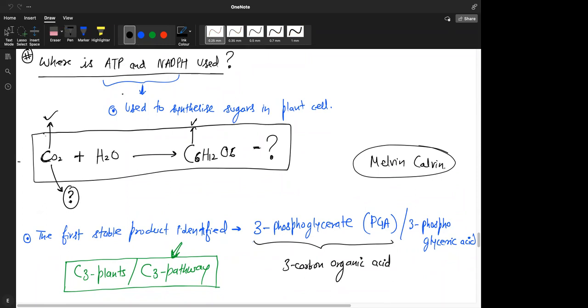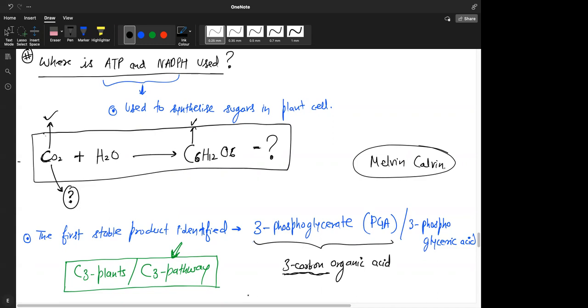So the biosynthetic pathway is also known as Calvin cycle, as it was discovered by the scientist Melvin Calvin. So basically, he identified that the first stable product in the photosynthetic pathway was PGA, or 3-phosphoglycerate. But some plants had another first stable product of carbon dioxide fixation, that was oxaloacetate.